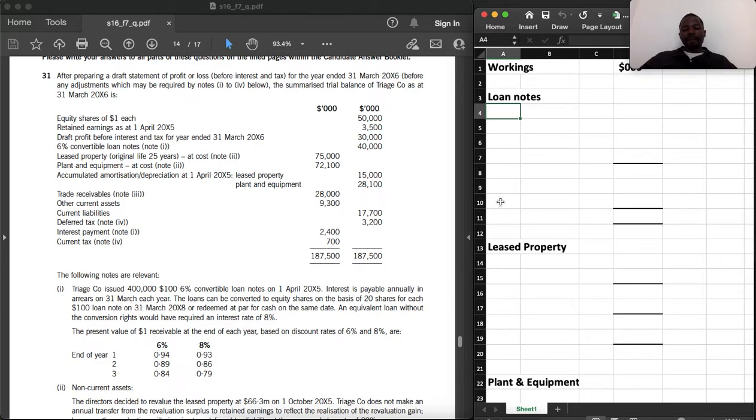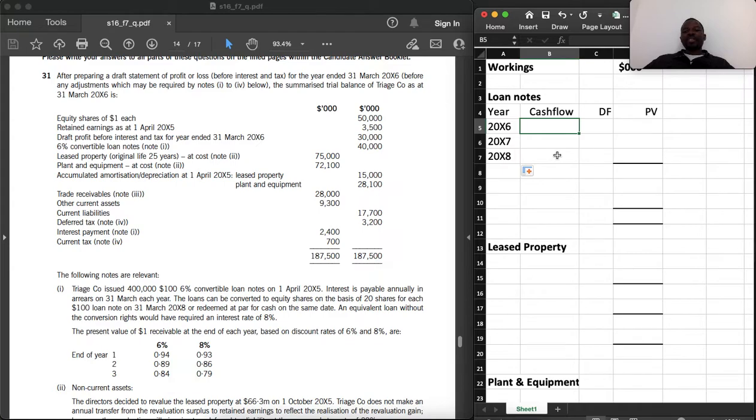So we'll say here cash flow, I will write it in full, cash flow, discount factor is DF, then present values, like that. The first year is ending 20x6. The second and the third we can drag like that.